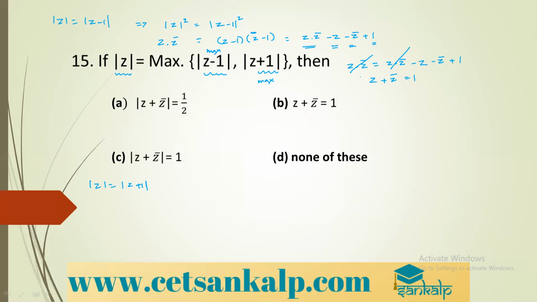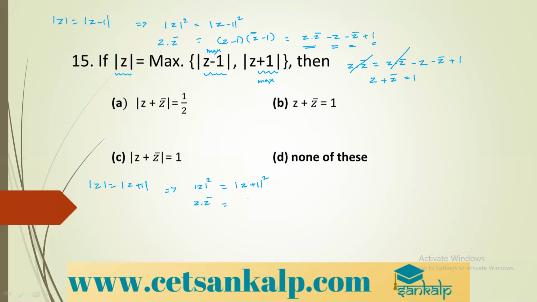The same thing I can do with the other one. That means if I take modulus of Z equal to modulus of Z bar, I can write modulus of Z square will be equal to modulus of Z plus 1 square. Or modulus of Z square, I can write Z into Z bar.